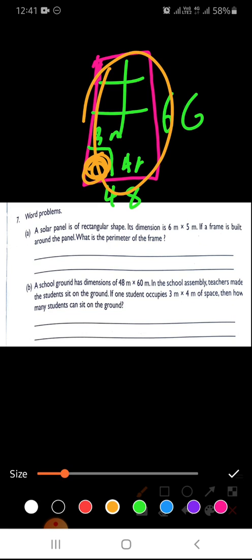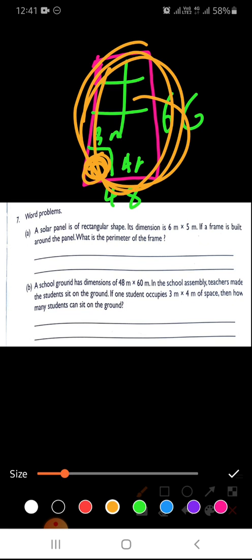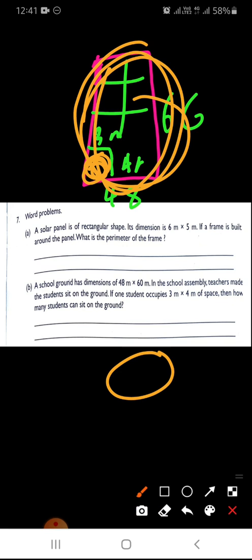Then you will divide the total area of the garden by the area occupied by a single student, and you will get how many students can sit in the ground.